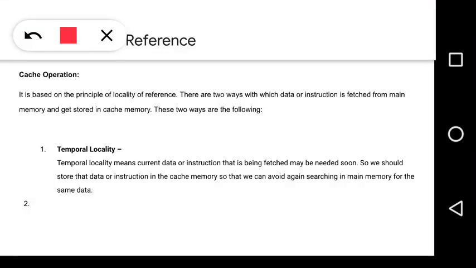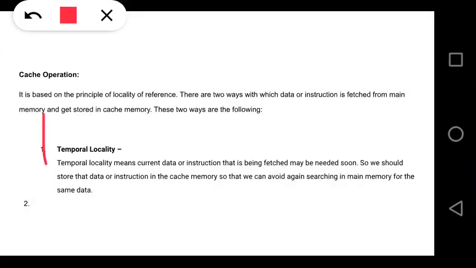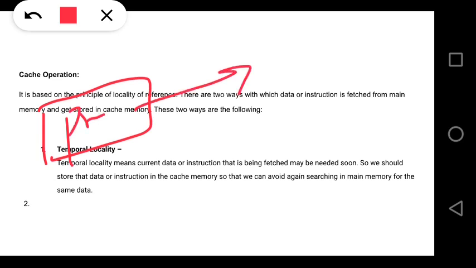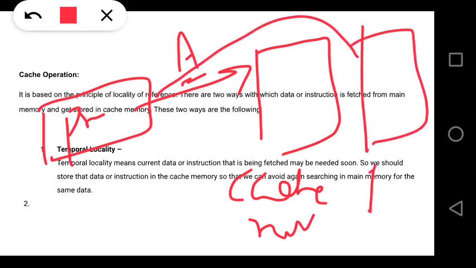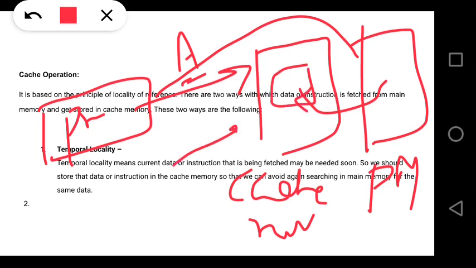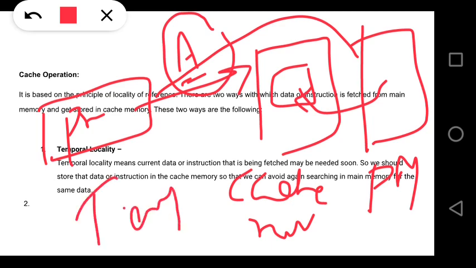So what's happening here: if your processor is issuing an address and that particular word is not available in cache, this is called cache miss. It is available in physical memory, so bring that into cache and keep it here, with the expectation that this address is referenced again in the near future. This is called temporal locality of reference.